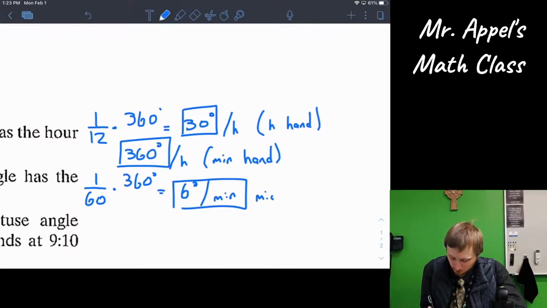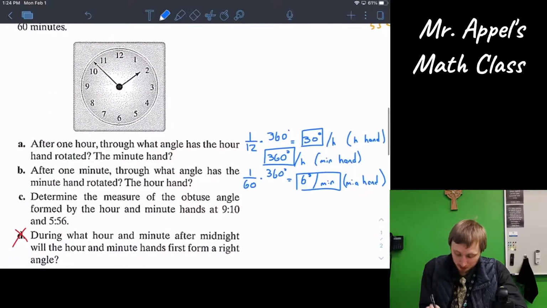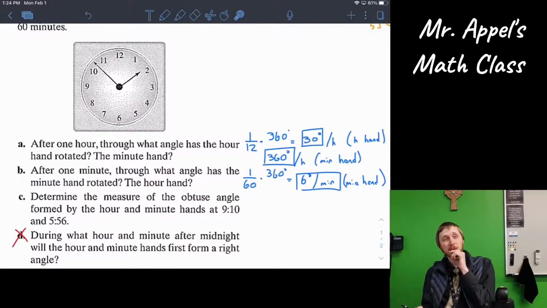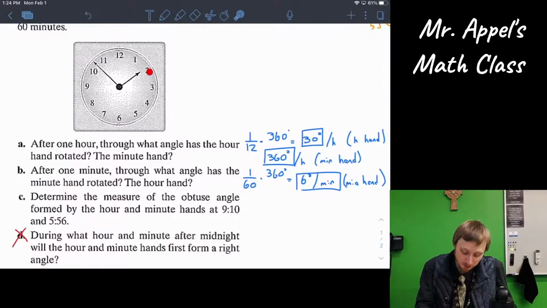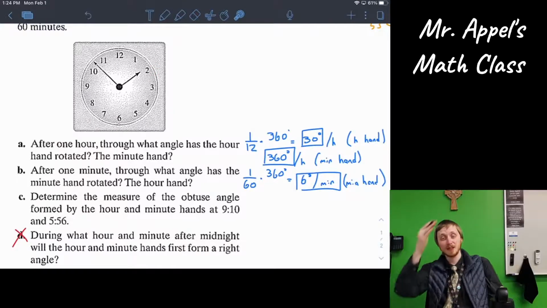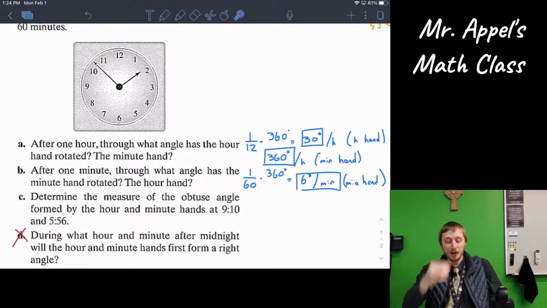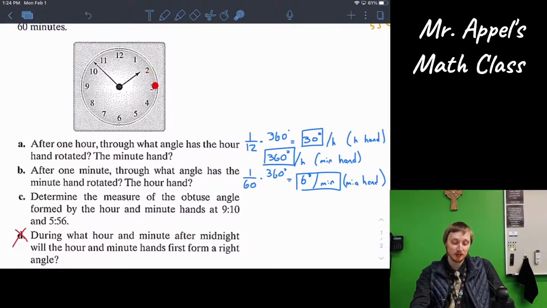for the minute hand. How about the hour hand? Right, that's what they asked next. The hour hand after 1 minute. So the hour hand in an hour goes 1/12, right? The 30 degrees. A minute is a 60th of the hour. So in 1 minute, the hour hand moves a 60th of this, right? Minute hand moves a 60th of the whole thing.